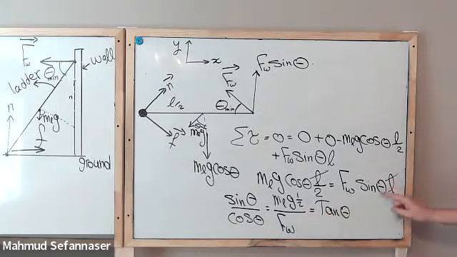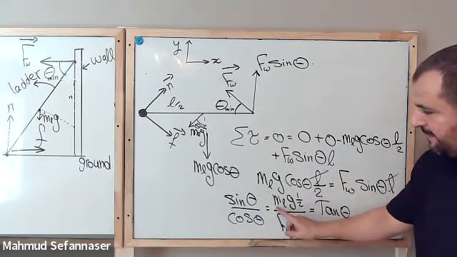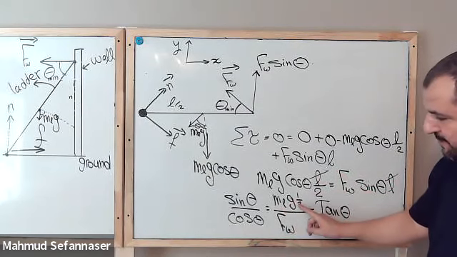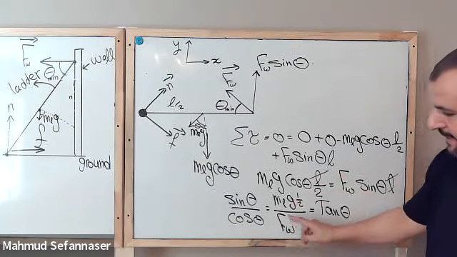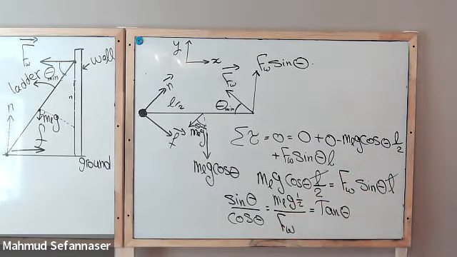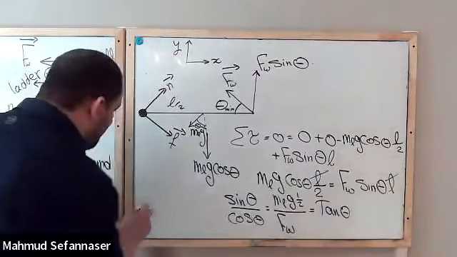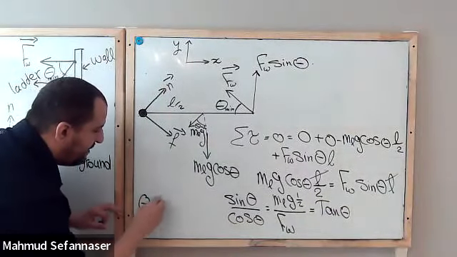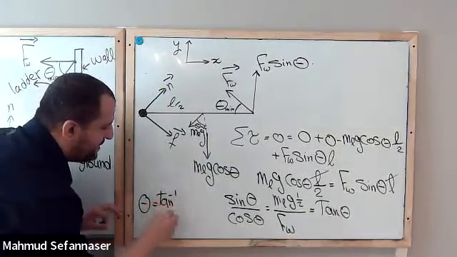So we have m ladder times gravity times 1/2 divided by the force exerted by the wall, and that's equal to tan theta. And to figure out theta, you need to do just tan inverse.